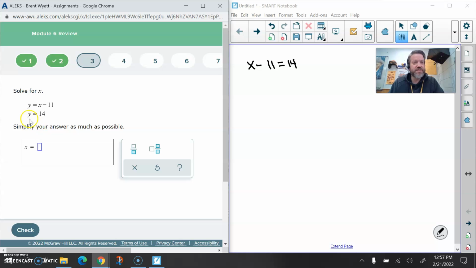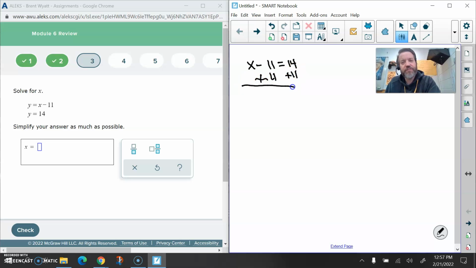Another way to look at this is, since y equals 14, you could substitute 14 into this top equation in place of this y here and write 14 equals x minus 11. That's the same thing as this over here, just written the other way around. To solve this, I'm going to have to add 11 here, which means I do the same thing on the other side of the equation.